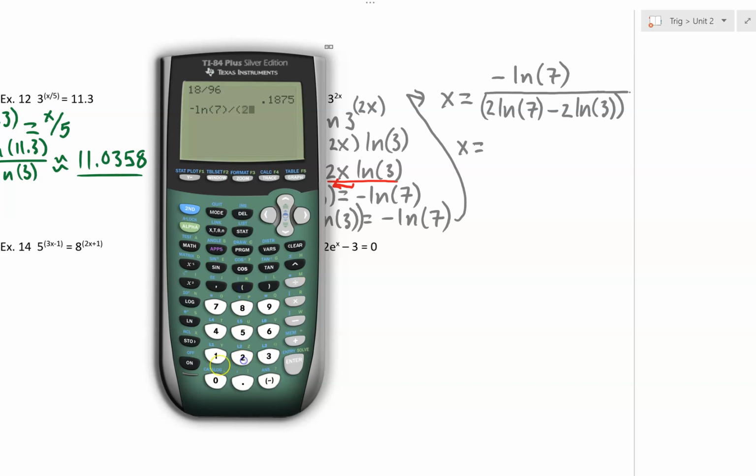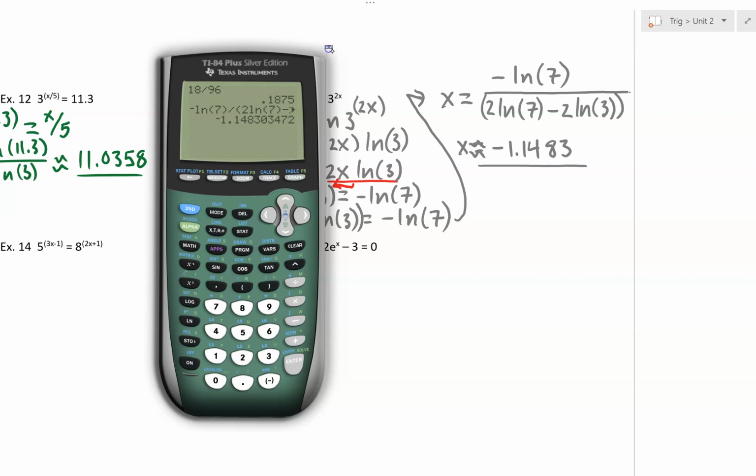Then it's going to say 2 ln of 7, close that parenthesis, minus 2 ln of 3, close both parentheses, hit our button. We're going to get an answer that says it is approximately negative 1.1483. This would be our answer to this one.